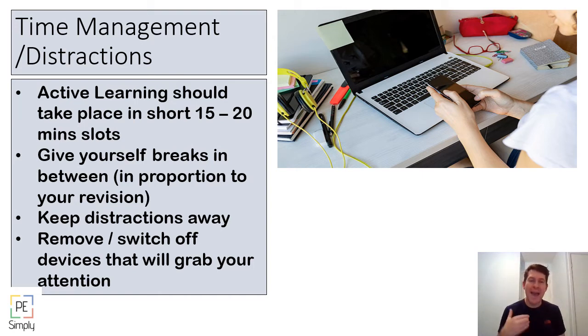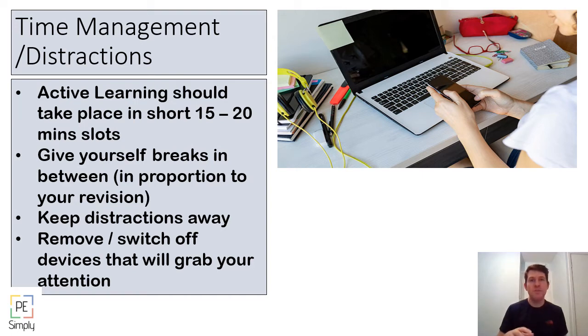And I've called that active learning because ultimately there's no point just making shed loads of notes and repeating yourself time and time again. By actively learning, by triggering the learning process within your brain and thinking about responses and answers to questions, that's what's going to help encode and embed into your long-term memory.